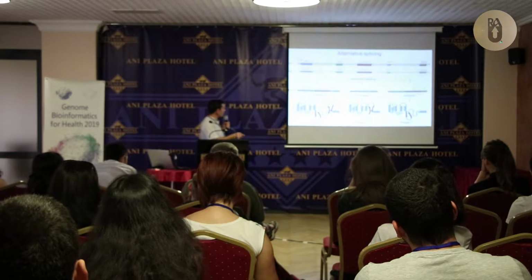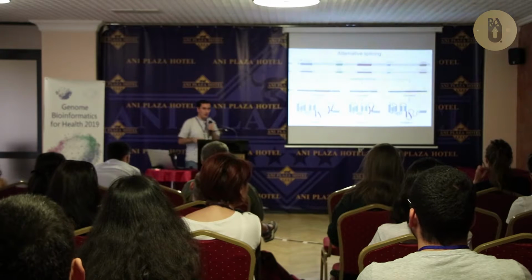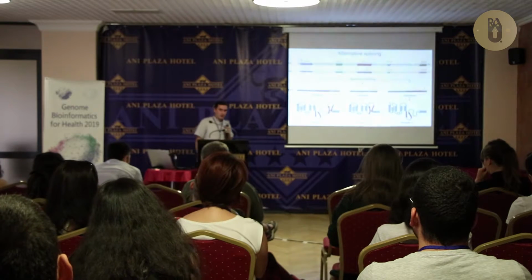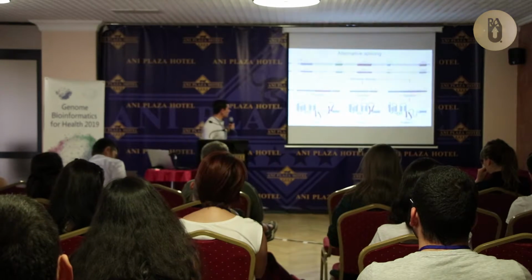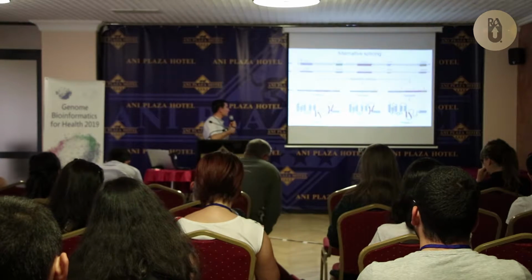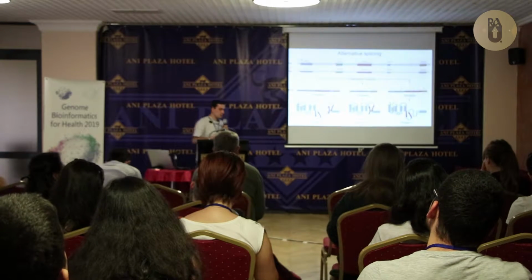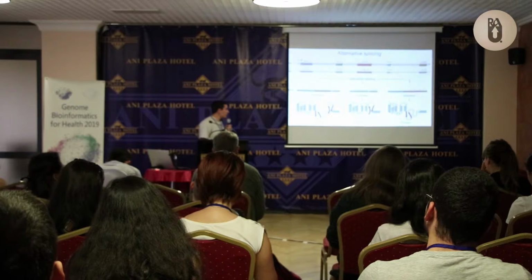After transcription by RNA polymerase, the RNA undergoes alternative splicing, and during this process introns are cut out and exons are joined together. But this process can go in different ways.